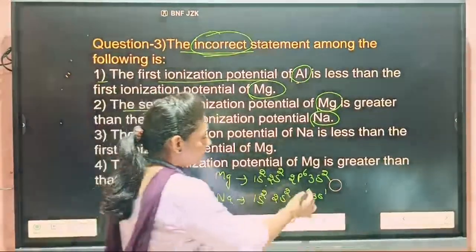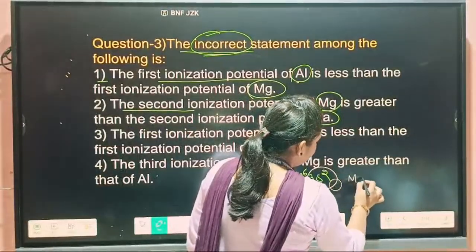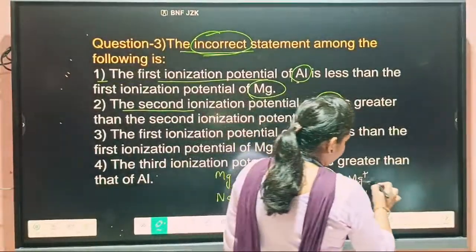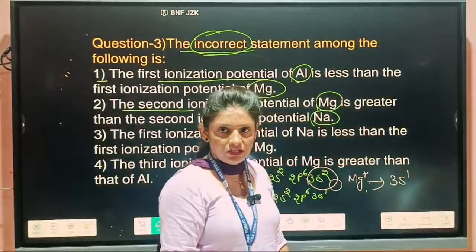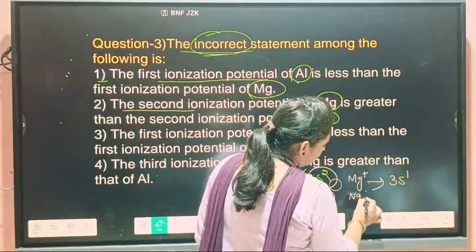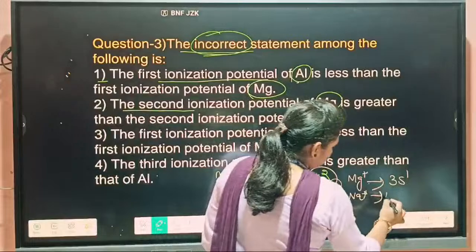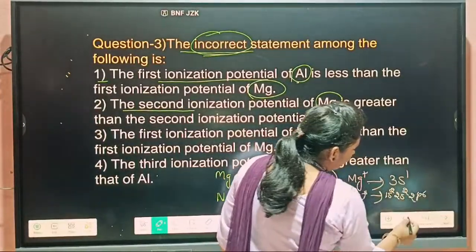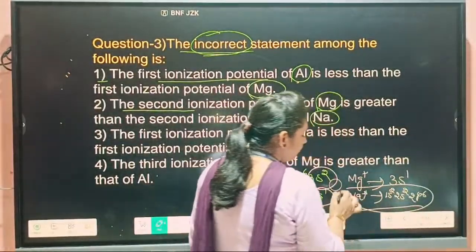So after removal of the first electron, magnesium converts into Mg plus, which has the configuration 3s1, and after removal of one electron, sodium converts into Na plus, and its configuration will be 1s2, 2s2, 2p6. Means after removal of one electron, sodium is attaining a more stable configuration.